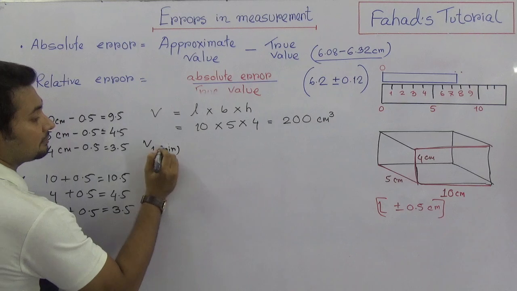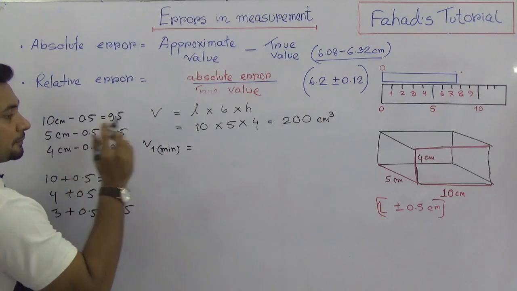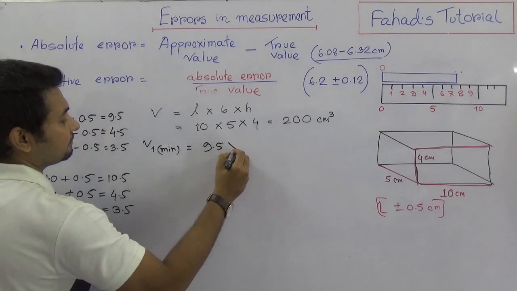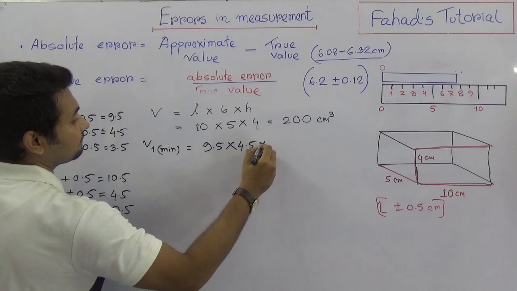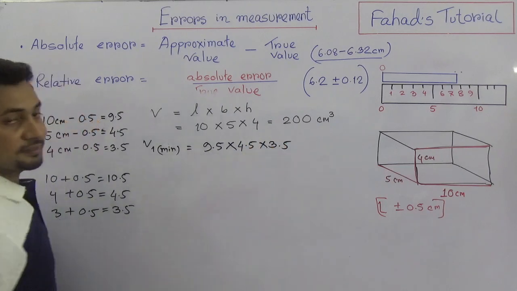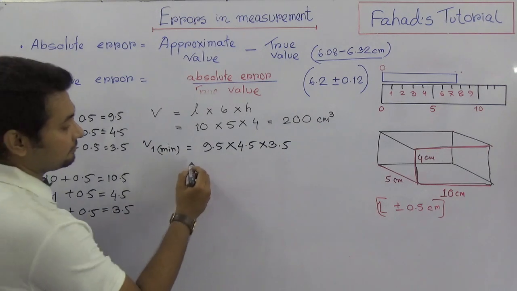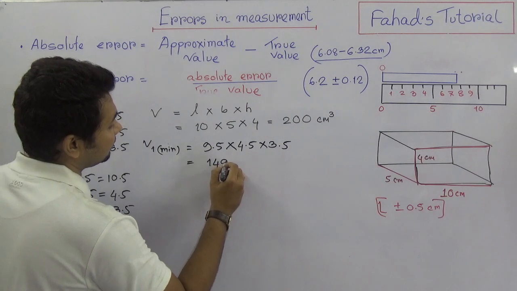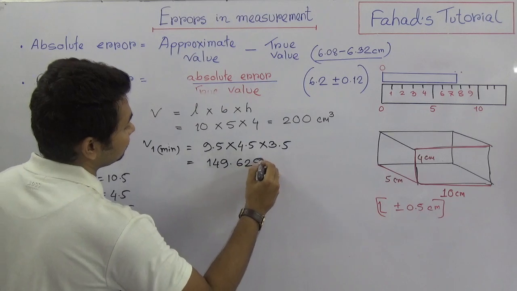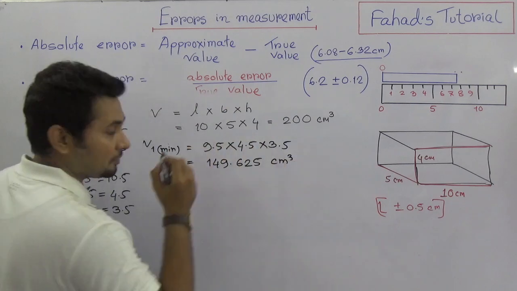The minimum volume can be 9.5 times 4.5 times 3.5. So this is altogether 149.625 centimeter cube.